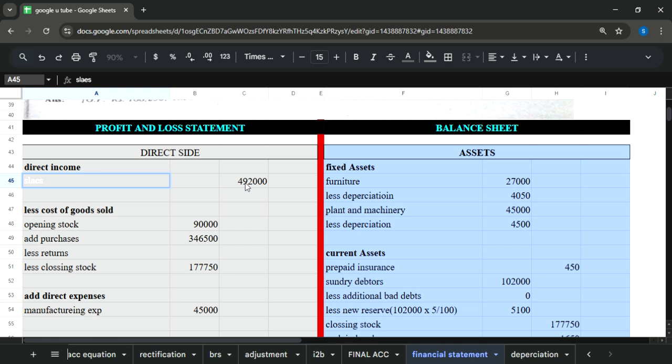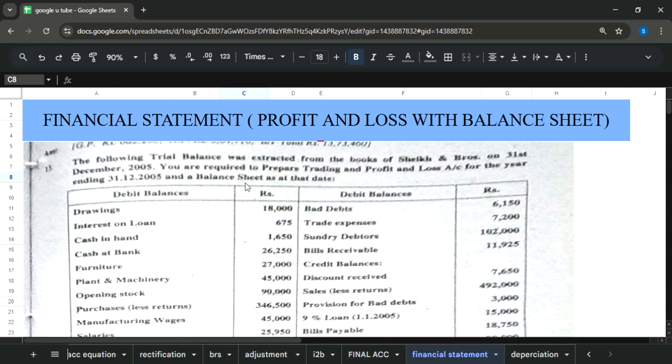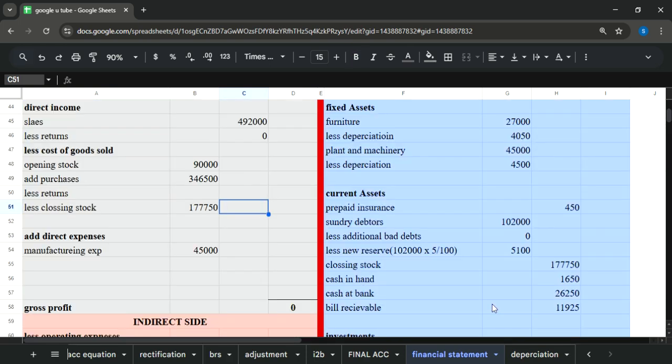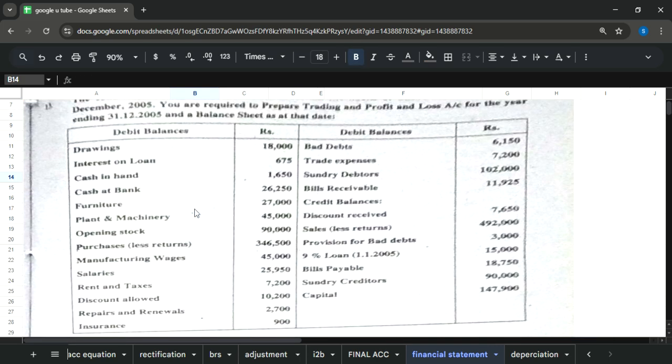So you may think like this: returns are also mentioned as subtracted, no returns separately. Provision for bad debts 3,000. This is part of the bad debt adjustment. Here the old reserve is 3,000. Old reserve for bad debts. Provision, provide, reserve, allowance. All four names are the same.